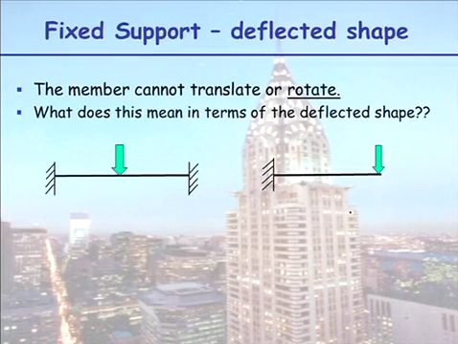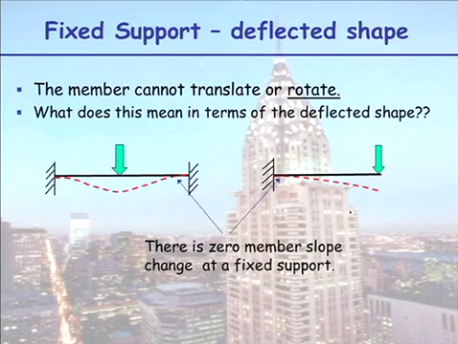Okay, so for a fixed support, I just want to confirm when I say there's no rotation, what that looks like. What that means is there is zero rotation where the member comes out of the support. This is very important when you come into second year as well, that you understand that.